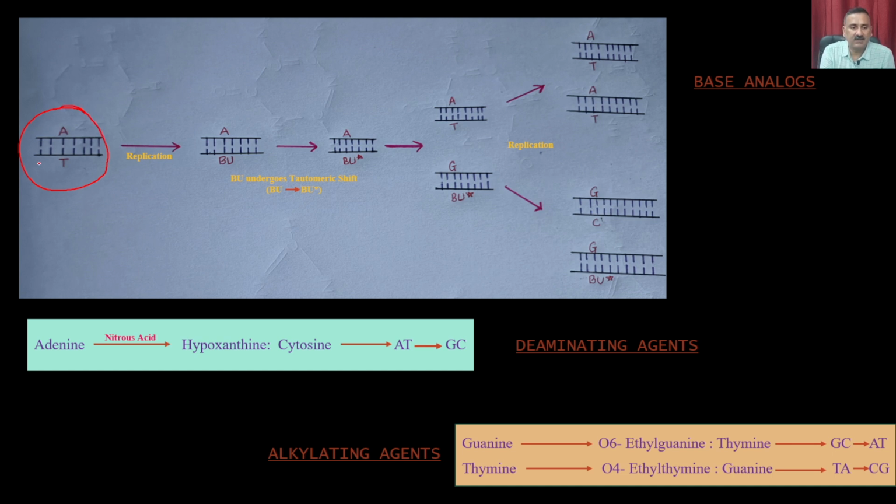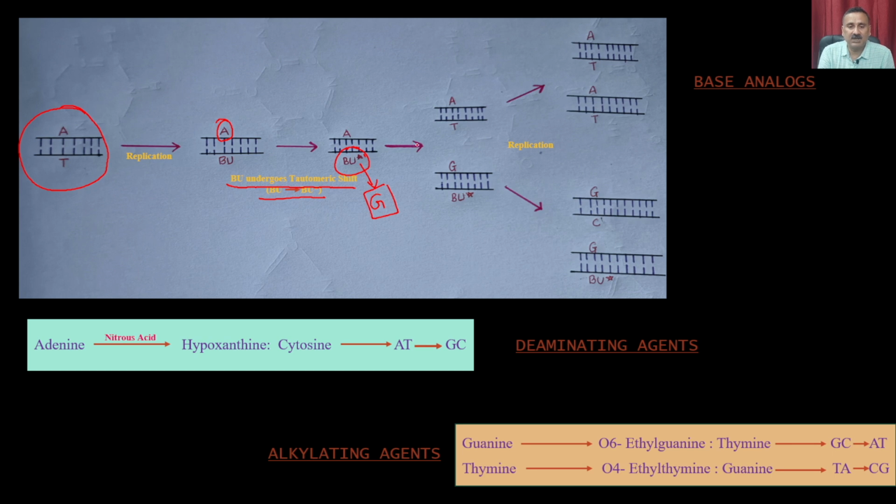Say this is the normal DNA and you have A, and in the corresponding template you have T. Now, if there is a base substitution, for example 5-bromouracil is present instead of A, and if BU undergoes a tautomeric shift, then BU gets converted into this form, and that's how it has affinity for G rather than A, because BU should have had an affinity for A, but it does not have that affinity for A; it has affinity for G.